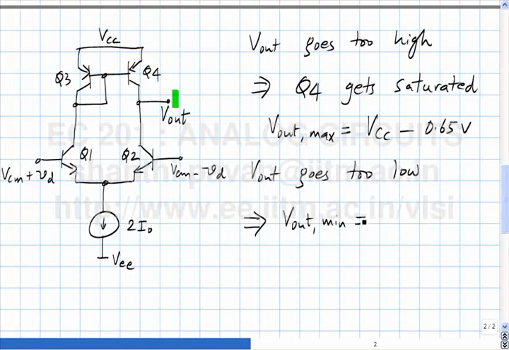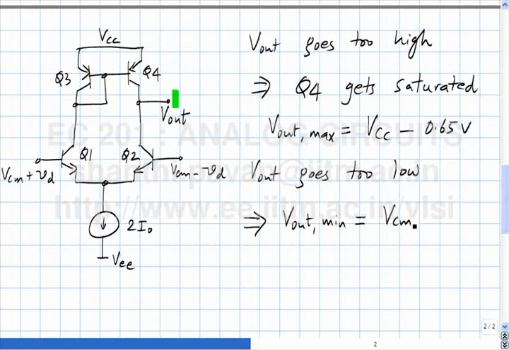How low can V out go before pushing Q2 into saturation? VCM minus VD. As long as this potential doesn't go lower than the base, you're okay. And we know that VD is very, very small anyway. So V out minimum is simply VCM.